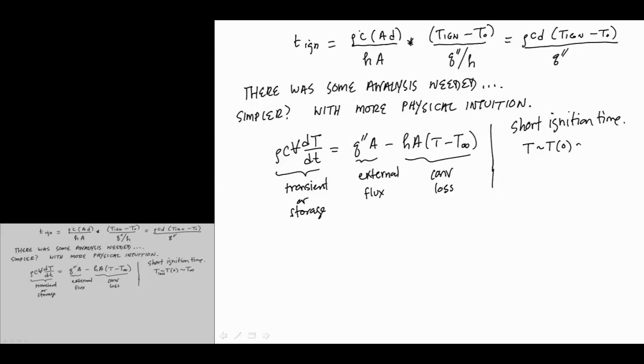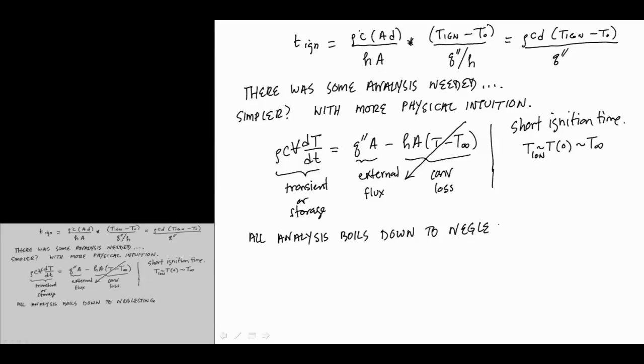So what we did in that analysis really is we neglected the convective losses. So all that analysis boils down to, for these short times, neglecting the convective losses. In which case, dT is equal to q, and we're going to divide by rho C V. And it's just rho C d because, again, V is A times d.